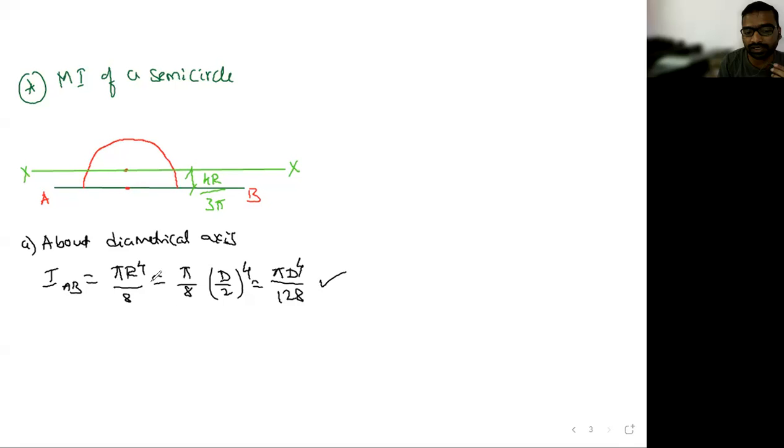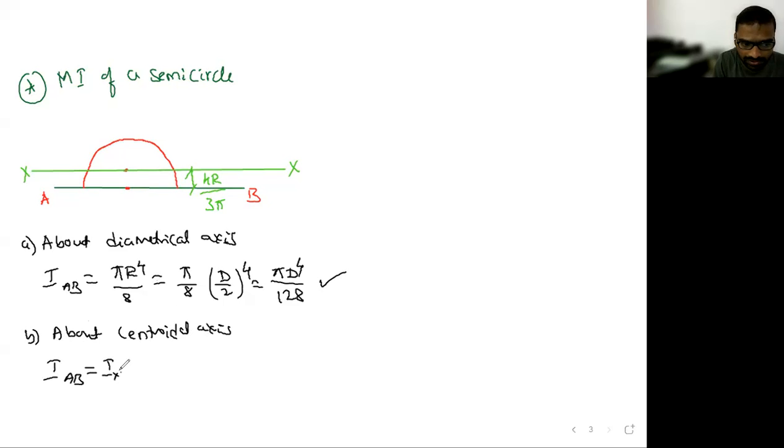So that is about the diametrical axis. Okay, next, about which axis? Centroidal axis. Can you tell me about the centroidal axis? What is the formula according to your parallel axis theorem? I about AB is equal to I about xx plus area into h square.